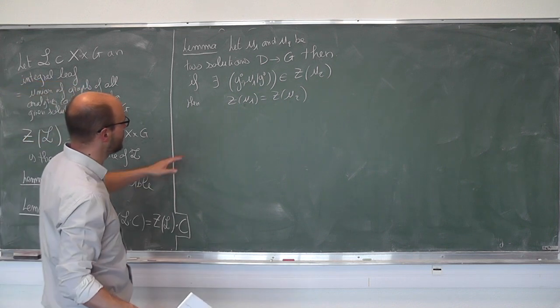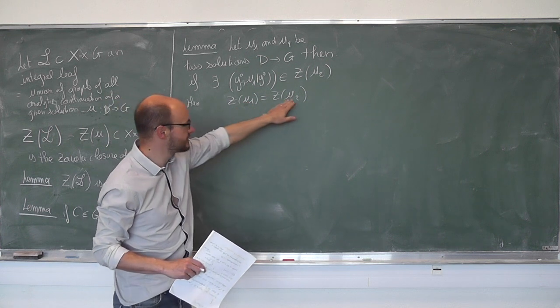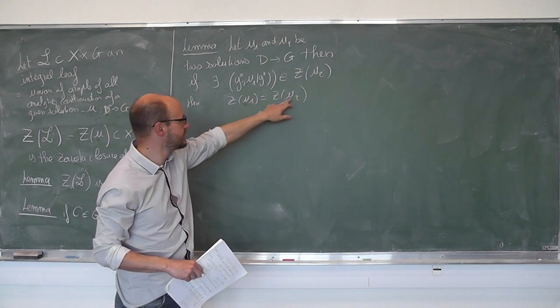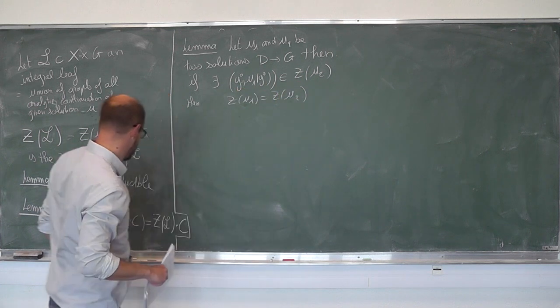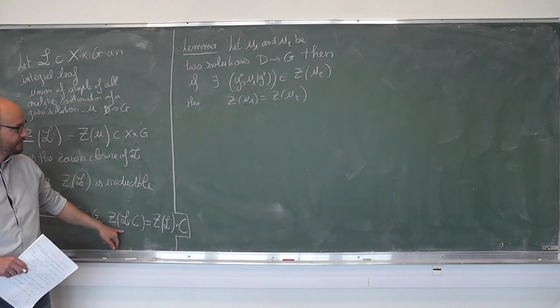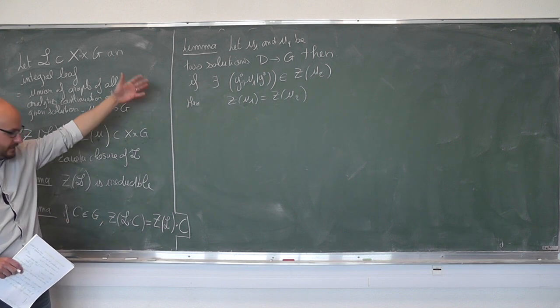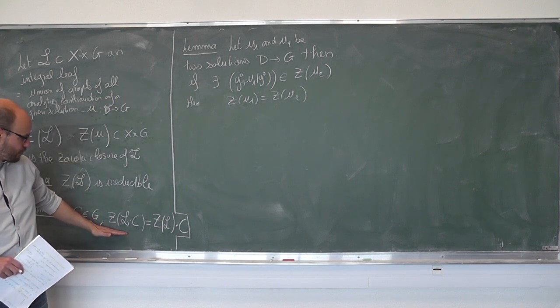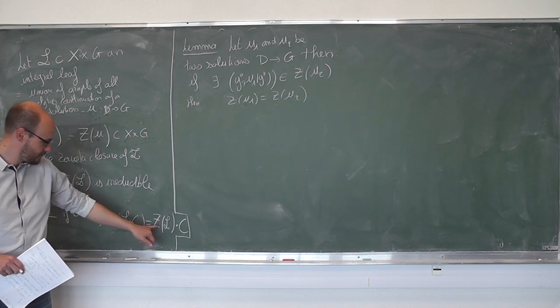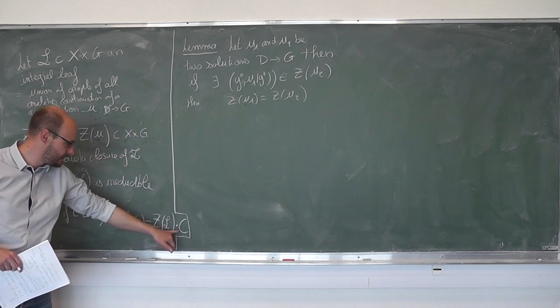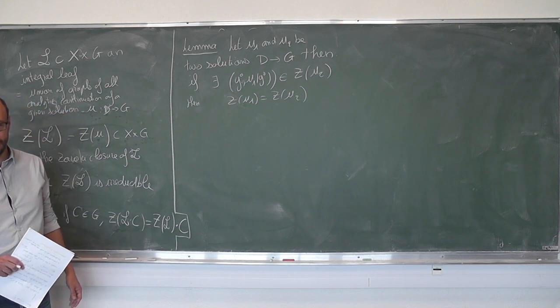So we have only to prove that the graph is inside, as if the graph is inside, then the Zariski closure of the graph is inside. But because of this equality, you take Z of U1 and Z of U2 and you see that they have the same dimension.